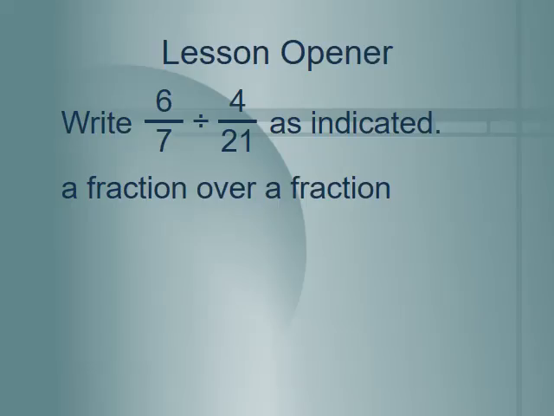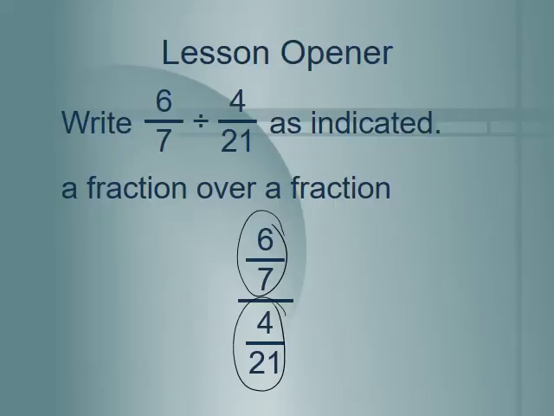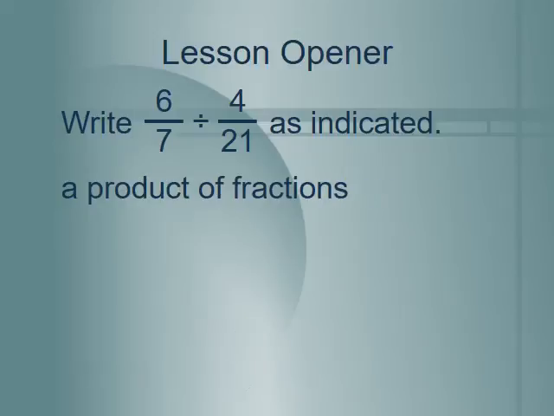Let's look at this lesson opener. We're going to write this as a fraction over a fraction. And it looks kind of jumbled whenever you first look at it, but this is our first fraction divided by this fraction. As we know, whenever we're dividing fractions, we can multiply by the reciprocal.